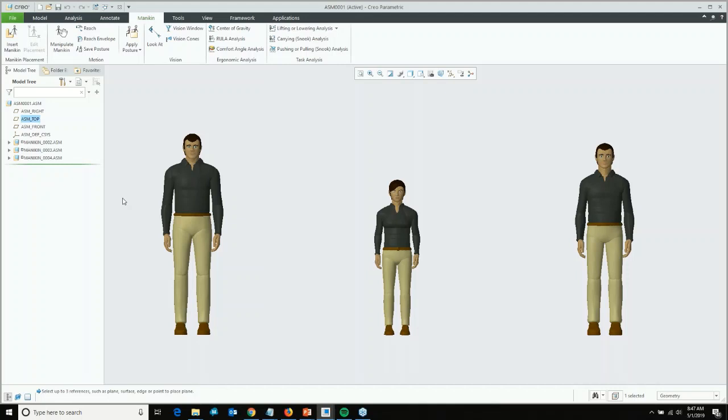Or if I'm designing for a specific target population, maybe a Korean population, then I could use that specific population data. The goal is that you have your anthropomorphically correct design, you insert a person into your design, and see how they can interact with it.